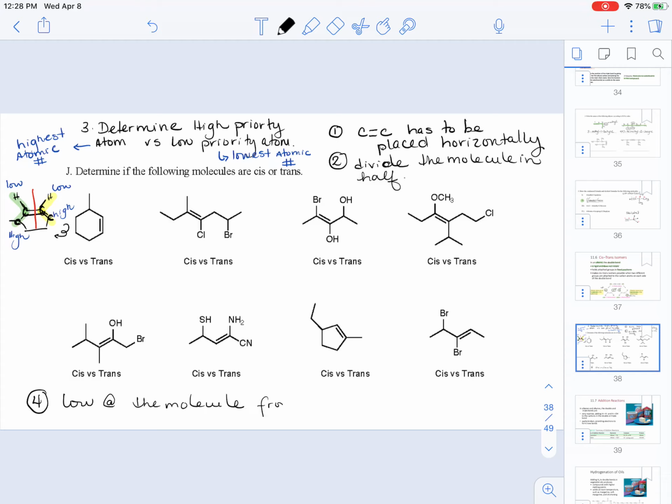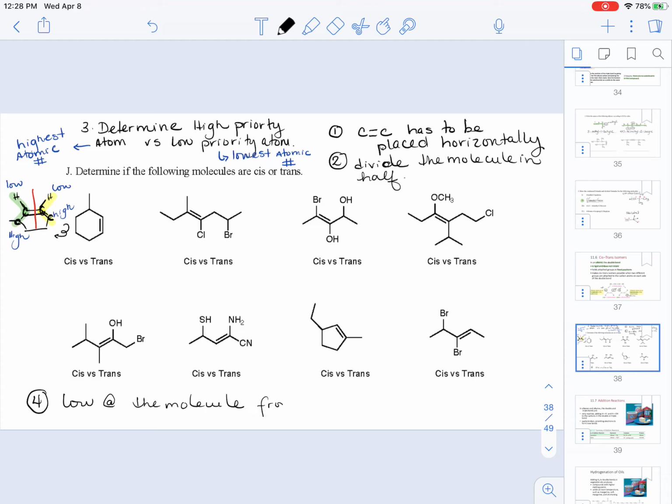If you have a cis arrangement, you're going to have low, low, high, high, as you can see in the example for the first one, or you're going to have both high priority groups on the top and both low priority groups on the bottom.